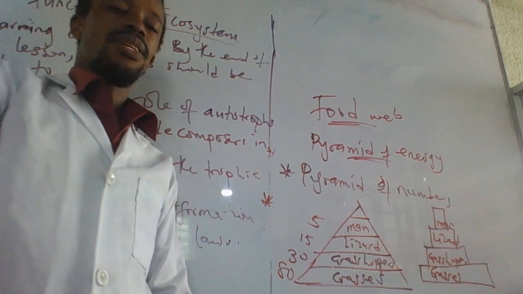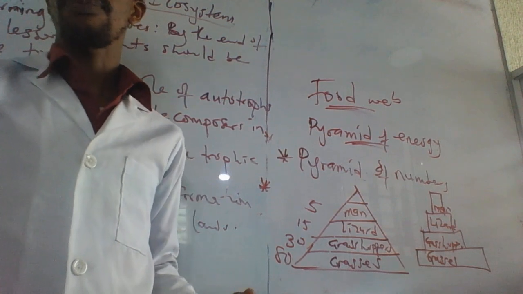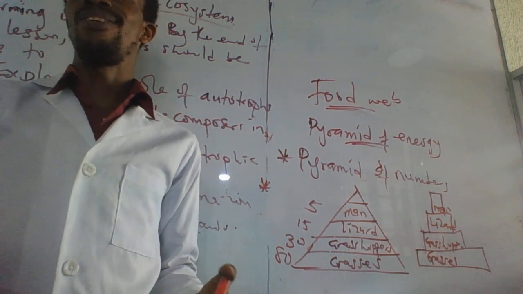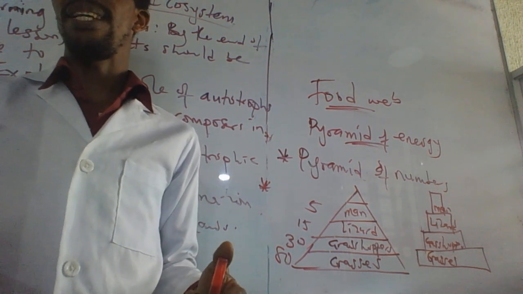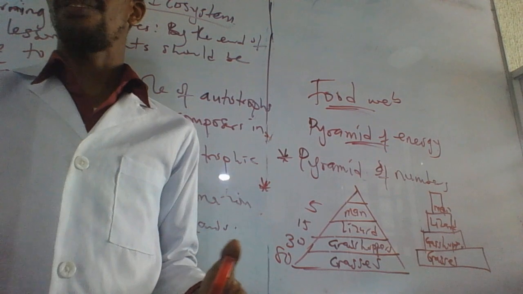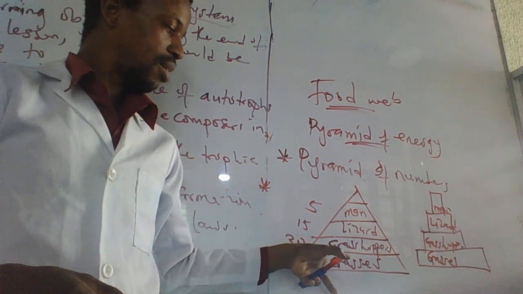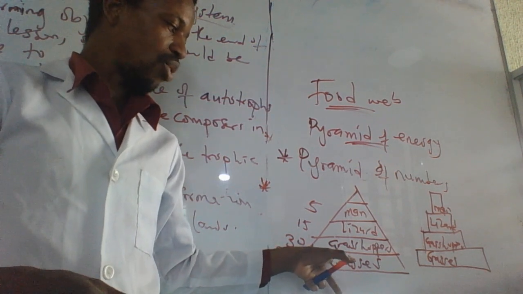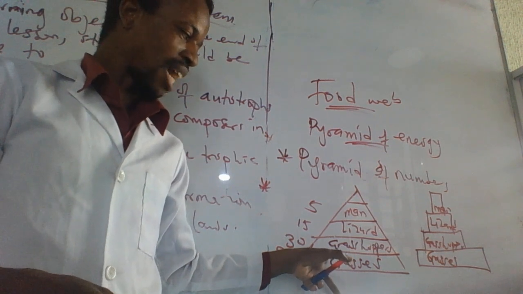Then, leaving that one, we go to the defects of the pyramid of number. The first defect is that the individual organisms are given the same status, though they vary greatly in size, like grass and trees. The primary producer here, I only show grasses, but other producers are still there.